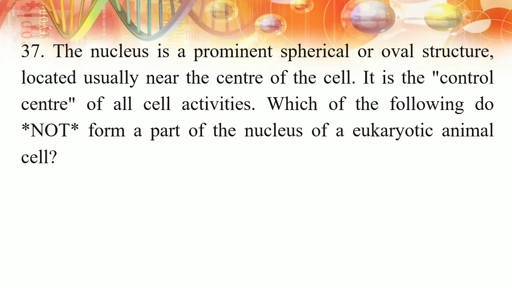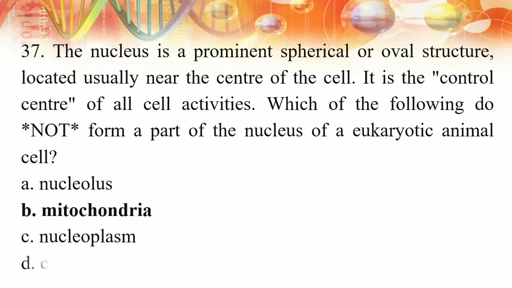Number 37. The nucleus is a prominent spherical or oval structure located usually near the center of the cell. It is the control center of all cell activities. Which of the following does not form a part of the nucleus of a eukaryotic animal cell? A. Nucleolus, B. Mitochondria, C. Nucleoplasm, D. Chromatin material. Nucleolus is the largest structure in the nucleus of eukaryotic cells, which is best known for ribosome biogenesis.